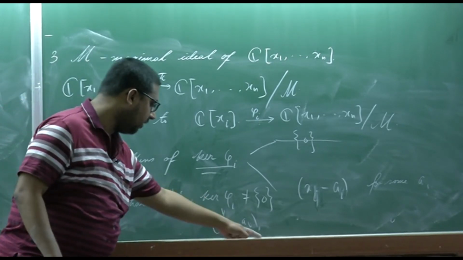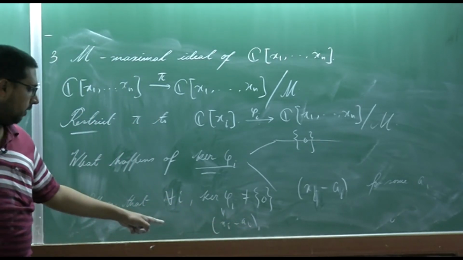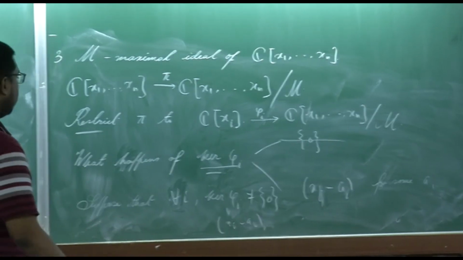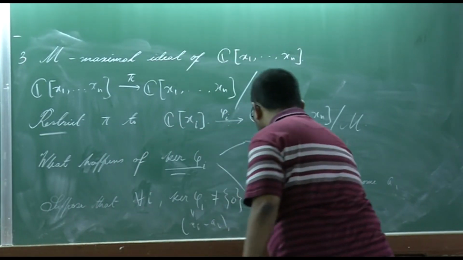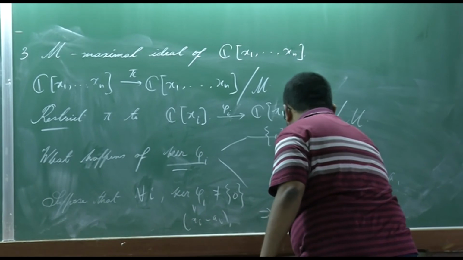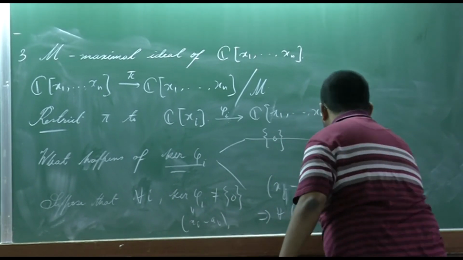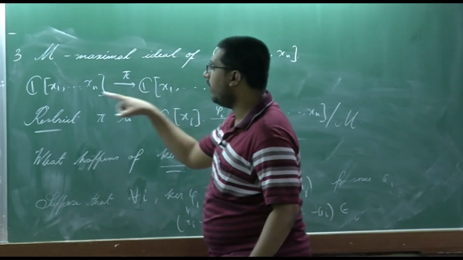Then the kernel of phi i will contain xi minus ai, and so all xi minus ai's are inside the kernel of phi. What is the kernel of phi?